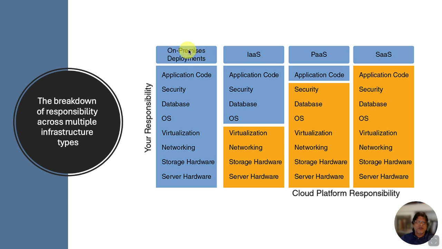In here, you can see all these different services, starting from the server hardware, storage hardware, networking, virtualization, operating system, the database, security, and application code. All is under your umbrella or your responsibility, which is in blue. So anything in blue is your responsibility. On-premise, everything becomes your responsibility.